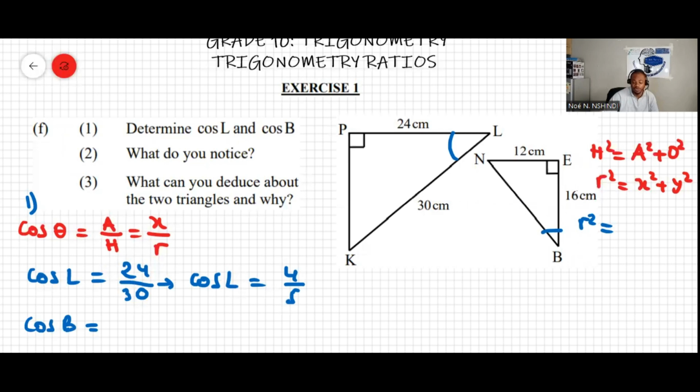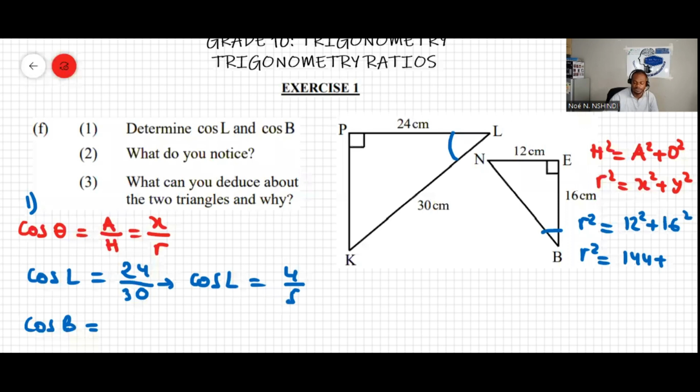Let's say x is 12 and y is 16. 12 squared is 144, and 16 squared is 256. Adding the two, this is equal to 400.